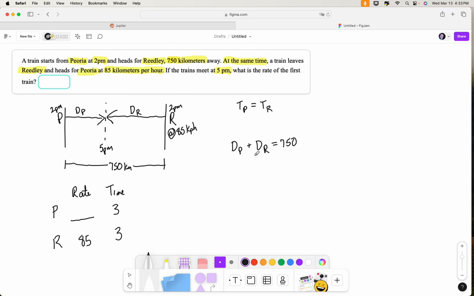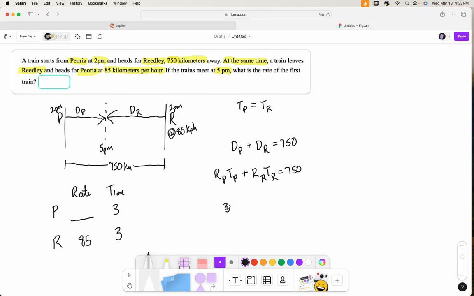Now we can break that down into our distance formula. So the rate of the Peoria times the time of the Peoria plus the rate of the Reedley times the time of the Reedley is equal to 750. Now we know the time for both of these is 3, and we know the rate of the Reedley is 85.